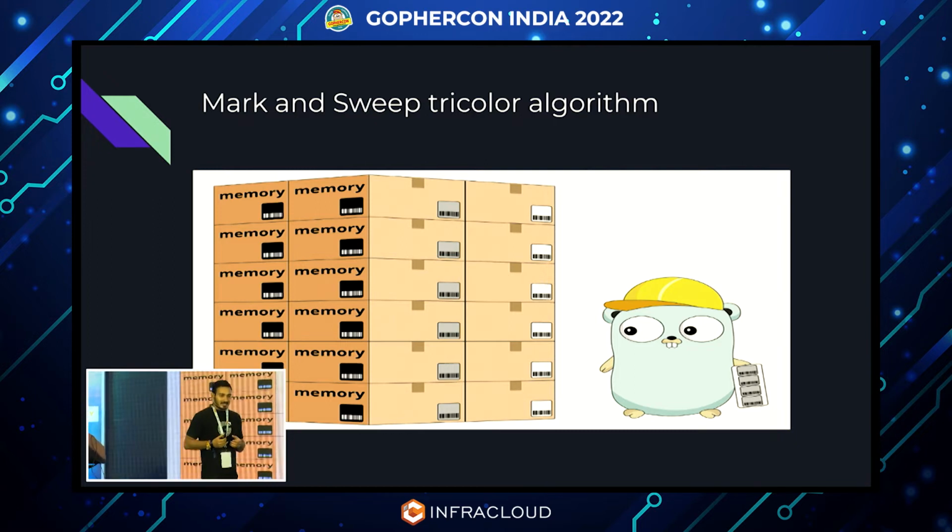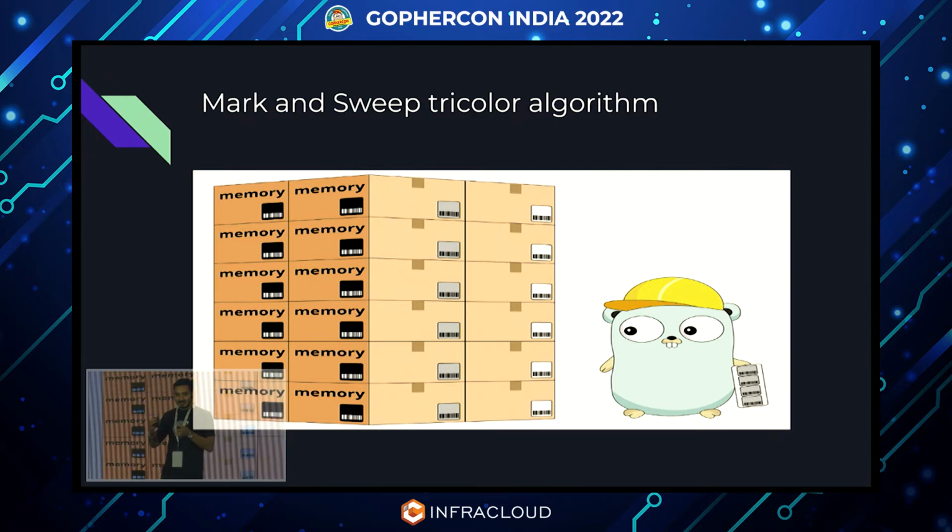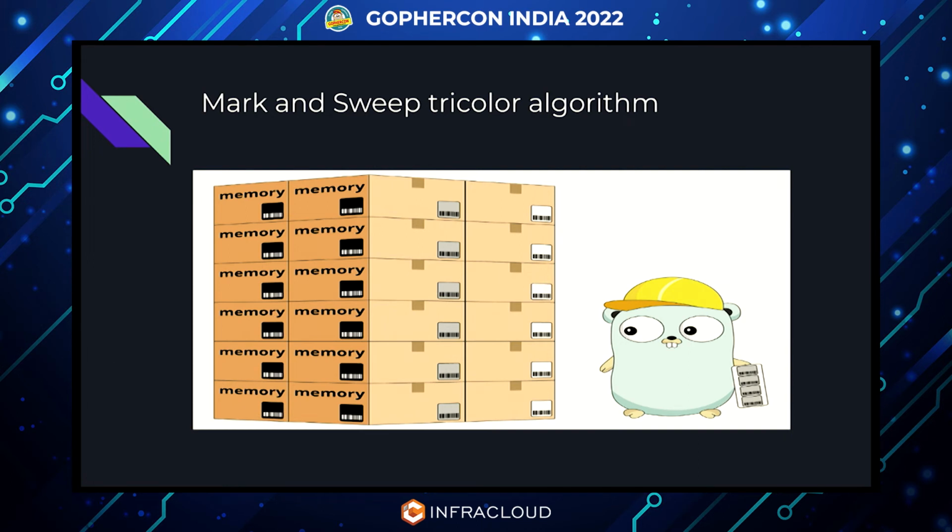Initially, when we start the mark algorithm, all the roots, the variables which the program directly has access to, such as the stack variables and the global variables, are marked gray.